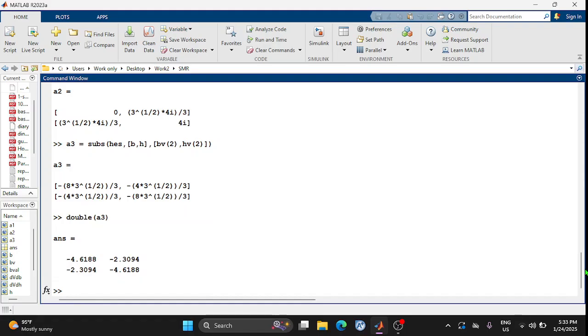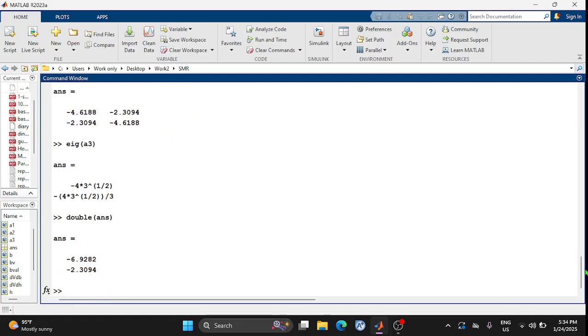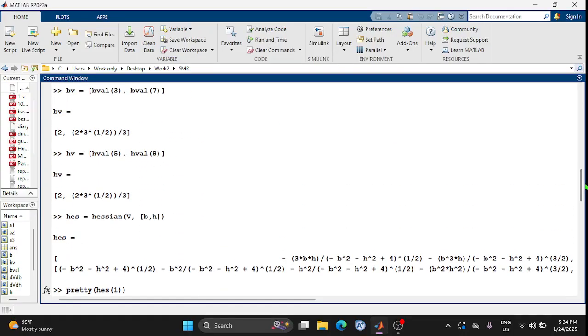If I find the eigenvalues of our a3, we have this. I'm just doubling my answer once again. So we have minus 6.9282 and minus 2.3094. These two negative values mean that this point gives the maximum volume of the box that is to be inscribed in the sphere.